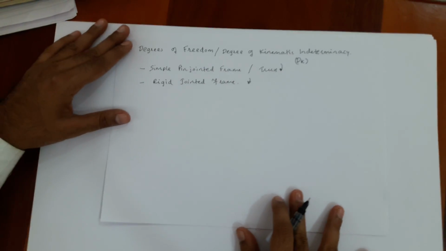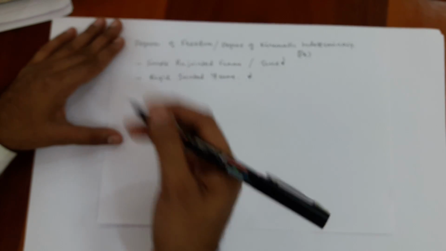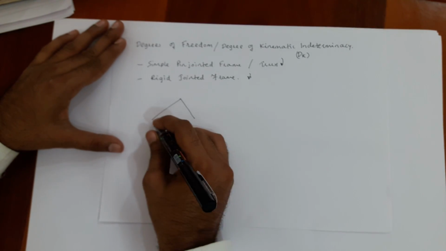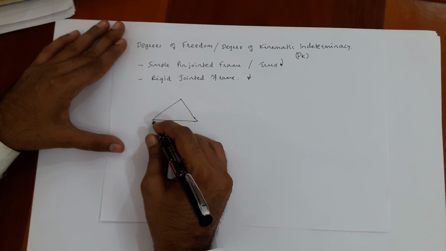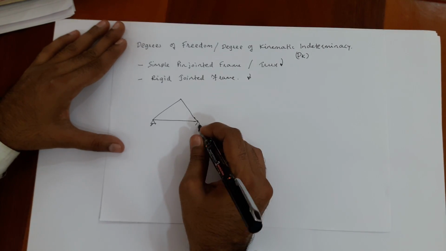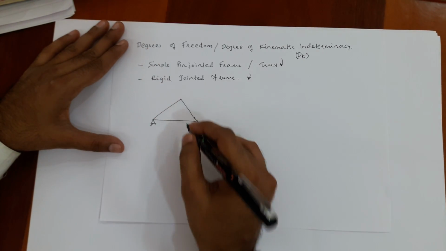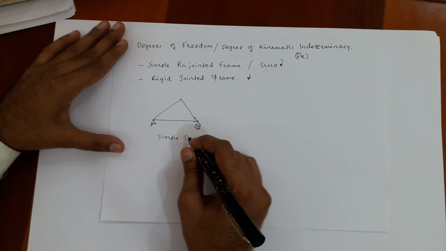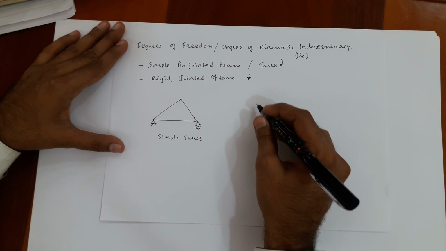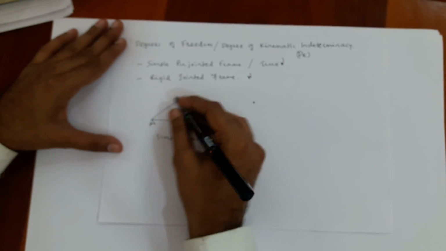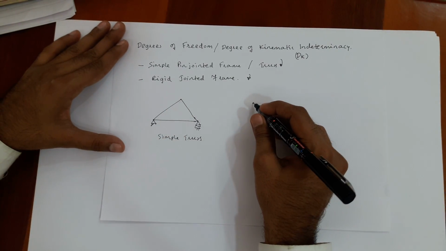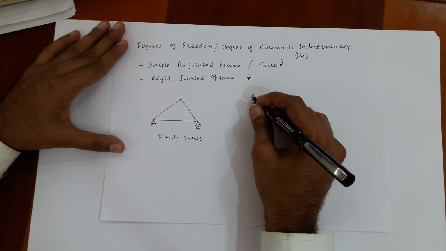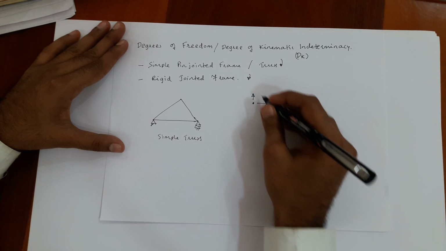Okay, so first we will see the truss element. We will see how the formula is developed. I will take a simple truss example. This is a very simple truss. If I take any joint of the truss, this joint has two displacements, delta x and delta y.